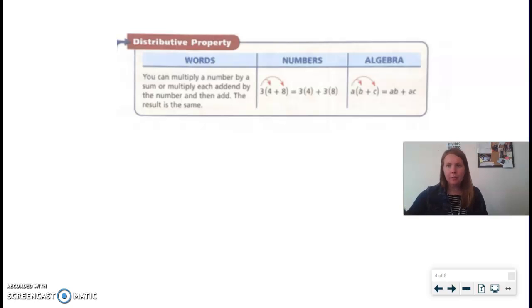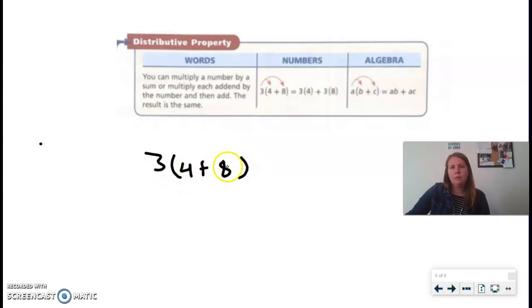So I'm pretty sure I might have done this in one class, but if you have a distributive property, they're giving this example. You could start off by going, okay, 3 times 4, plus 3 times 8, and add those. But also you can use your order of operations and solve the inside part first, because 4 plus 8 would give me 12, so 3 times 12, that's 36.